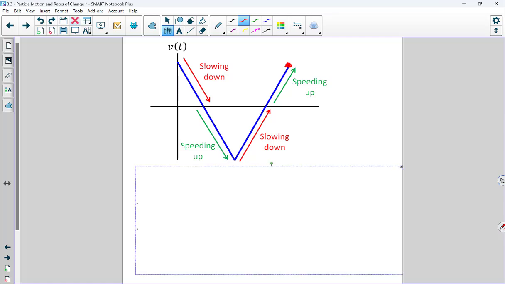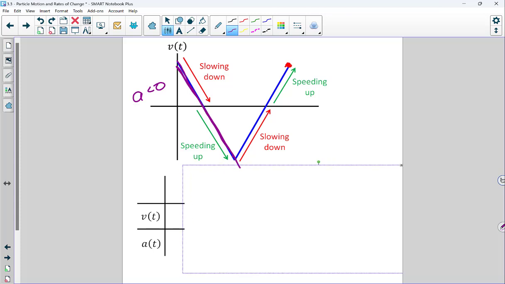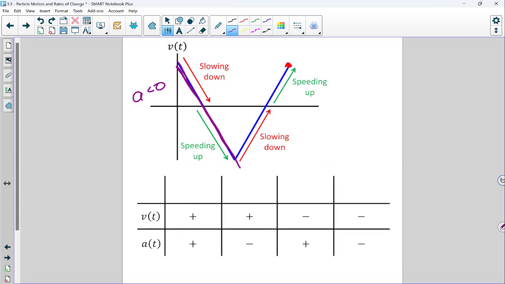We can also think of this in terms of acceleration. For this first interval, the velocity is positive, but the acceleration is negative, because along this entire interval the velocity is decreasing. So if the velocity is positive but the acceleration is negative, then we're slowing down.